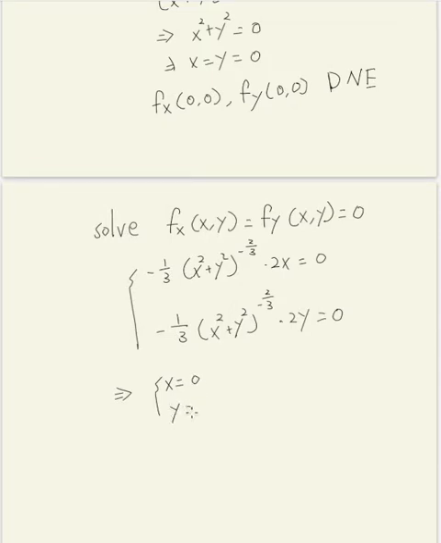Now what does that tell you? It tells you that in order for f partial x and f partial y to be 0, x and y both have to be 0. But we just showed that at the origin (0, 0), the partial derivatives don't exist. Right? So f partial x of (0, 0) and f partial y of (0, 0) do not exist.